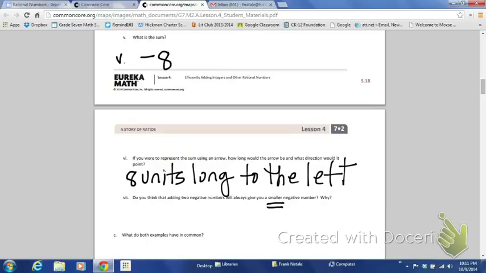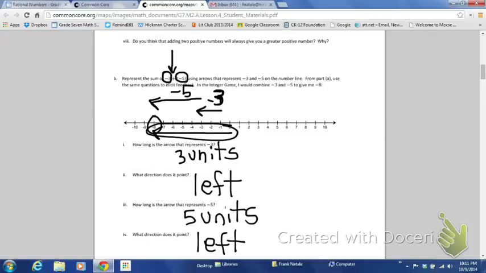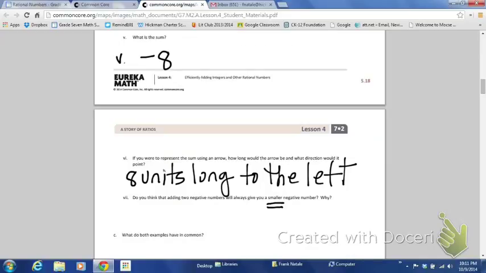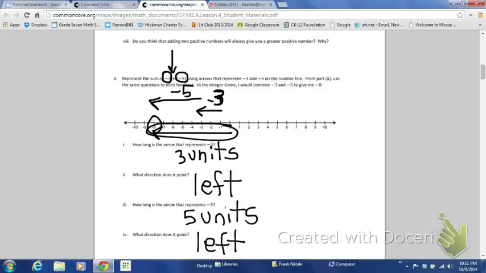And on a number line, numbers get smaller as you move to the left. And here's the thing, this could trip you up. You may say no to that because you're thinking, as I move to the left, the number is getting bigger.